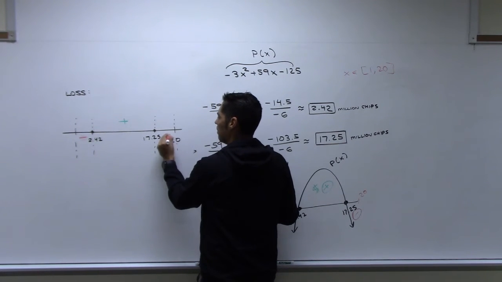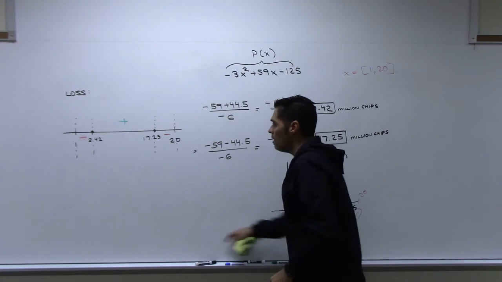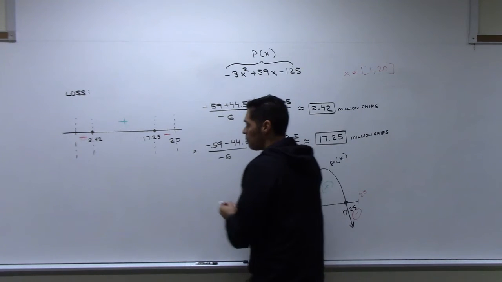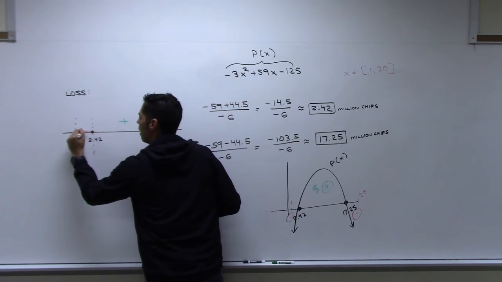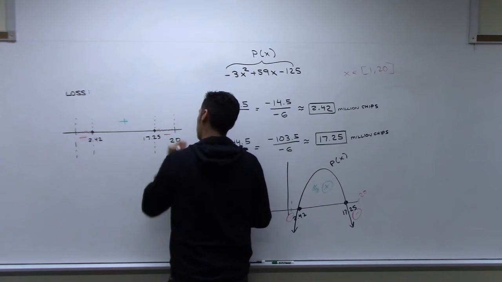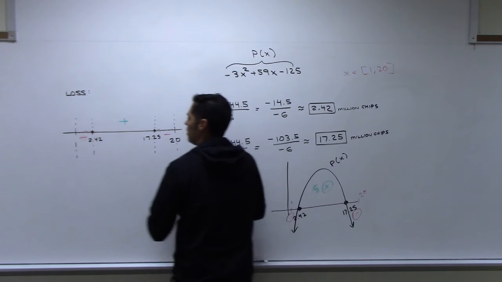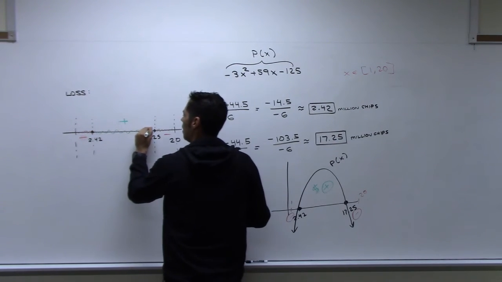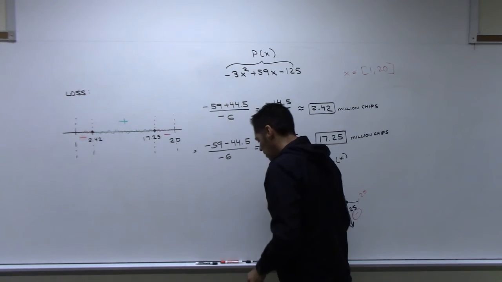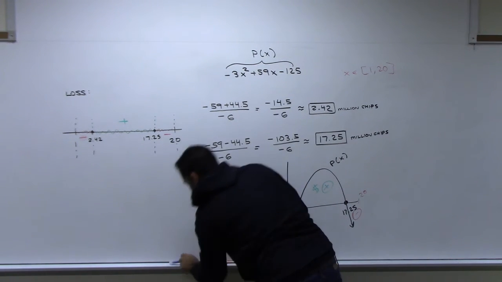And over here we have negative profit. So we are going to have loss in this interval right here, and we are going to have profit in that interval. So we just need to write those down in interval notation.